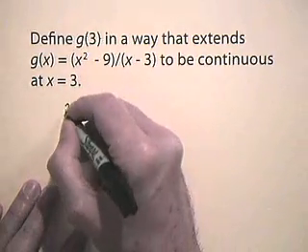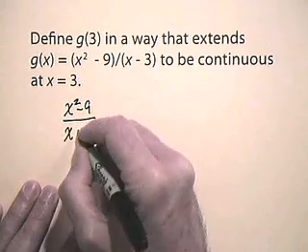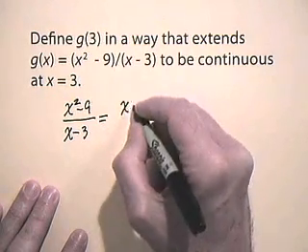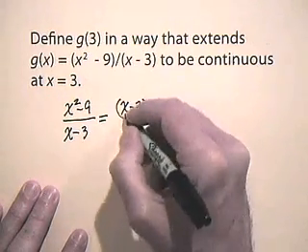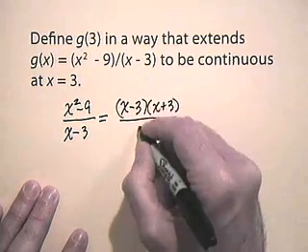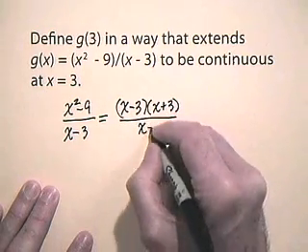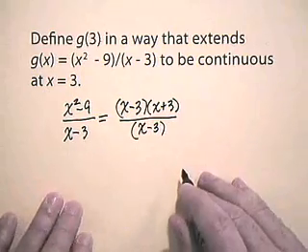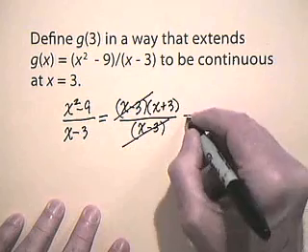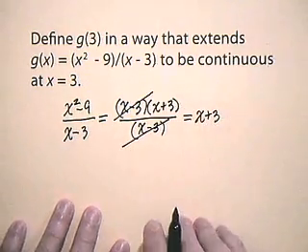But notice when I look at the expression defining g of x, I can factor the numerator as x minus 3 times x plus 3. And so we have the quantity x minus 3 multiplied by the quantity x plus 3, all divided by x minus 3. Notice what I can do at this point. I can cancel the x minus 3's and end up with the expression x plus 3.